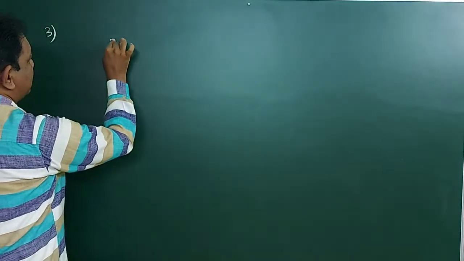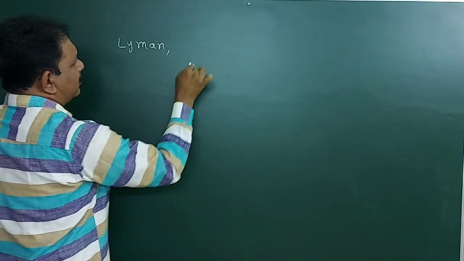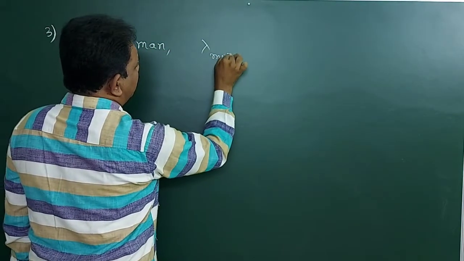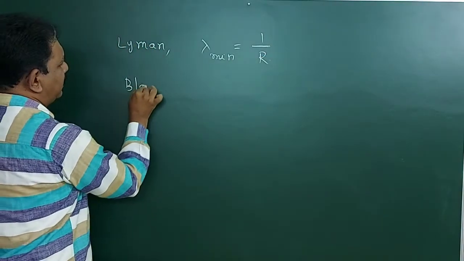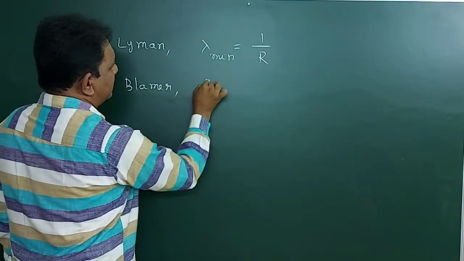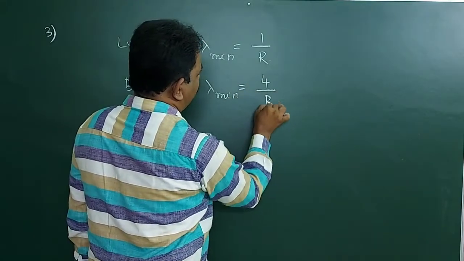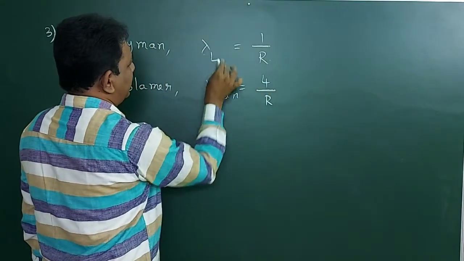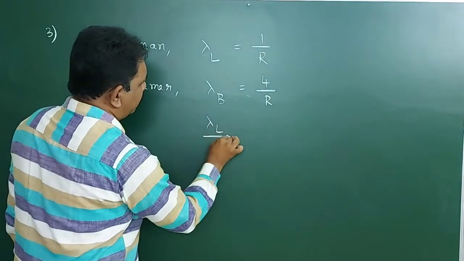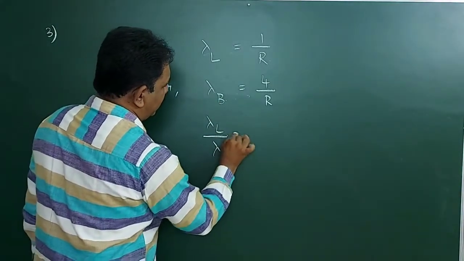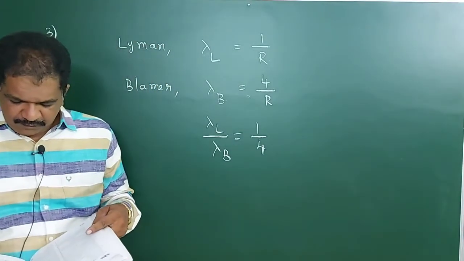In the Lyman series, the minimum wavelength will be 1 by R. In the Balmer series, the minimum wavelength will be 4 by R. Take it as lambda L and this as lambda B. Lambda L by lambda B is equal to 1 by 4.